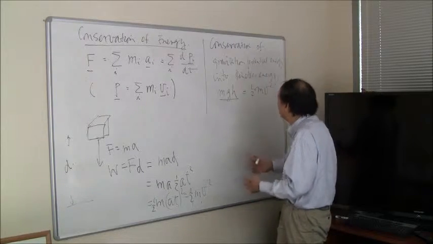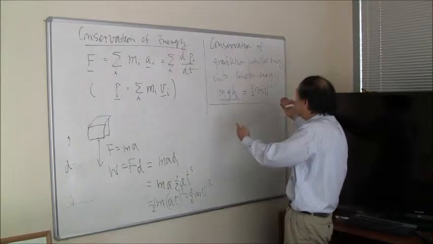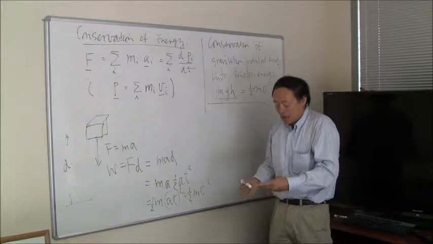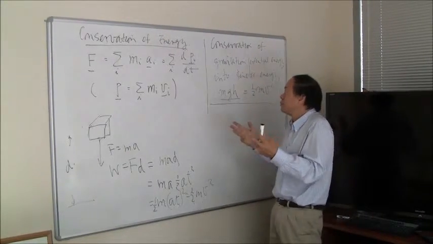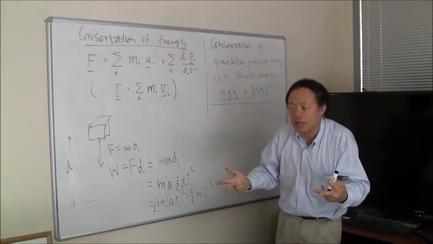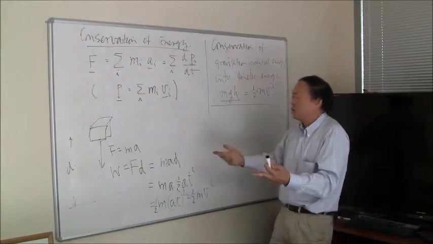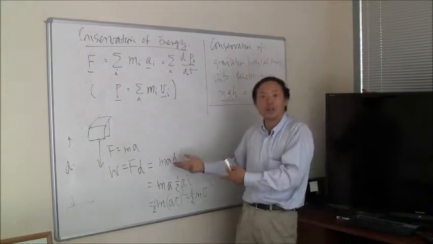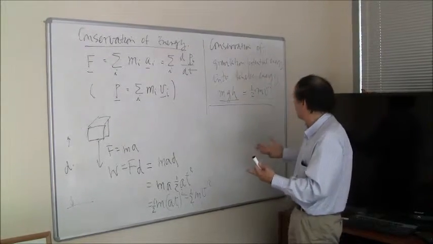So you have this conservation of gravitational potential, converting that energy into kinetic energy. We likewise can prove this for other kinds of potential energy, such as electrical potential, since they also, as we shall describe later, cause an acceleration on electric particles or magnetic particles.